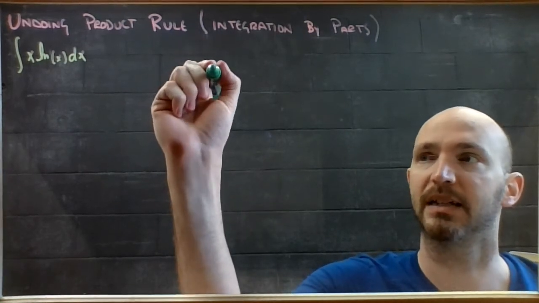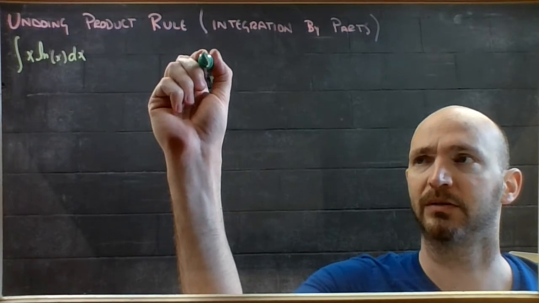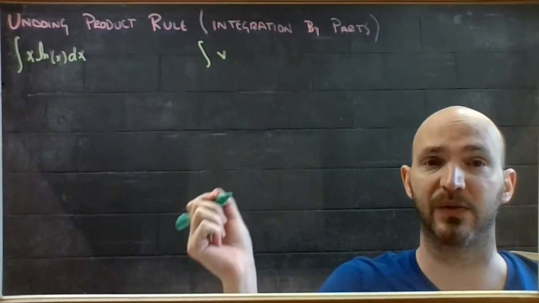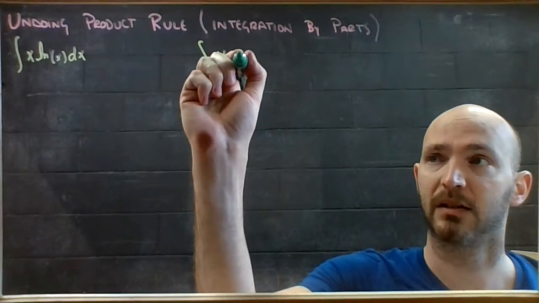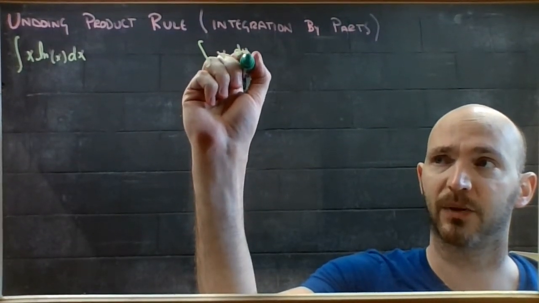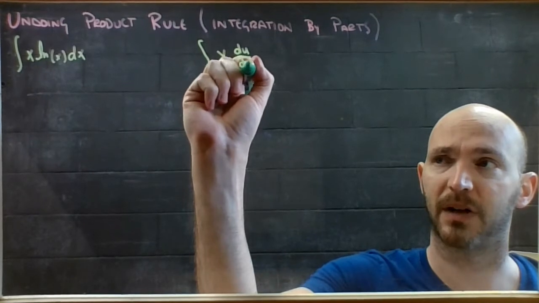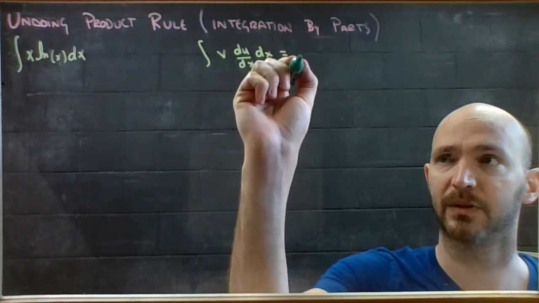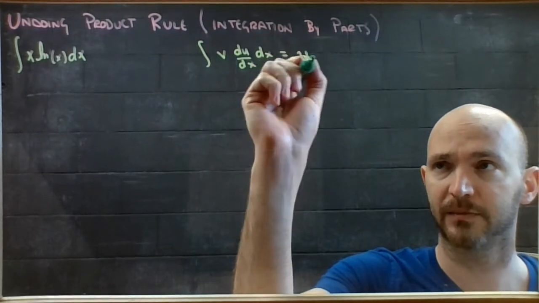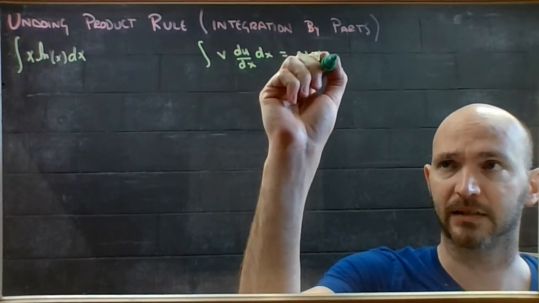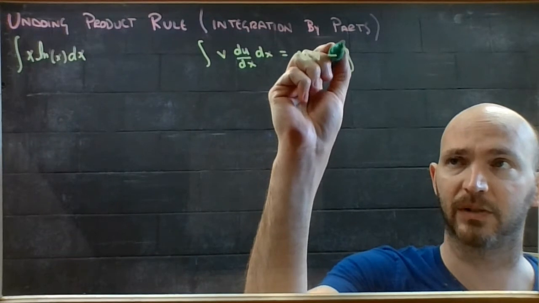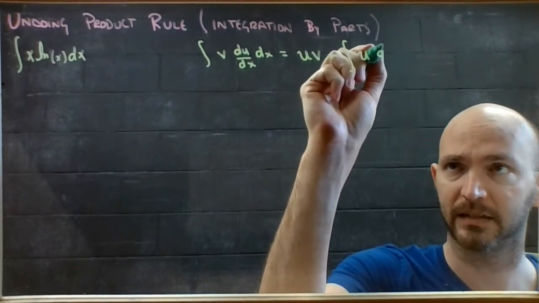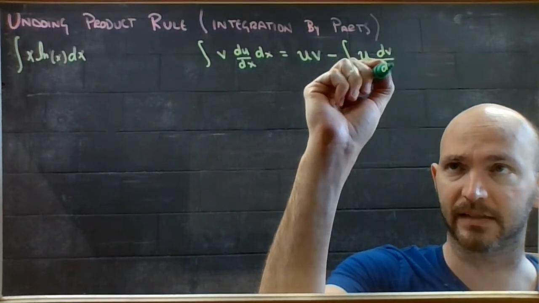So the idea is that the integral of a thing, I'm going to use v as one of the things, multiplied by the derivative of some other thing by dx is equal to the first thing, the second thing, subtract the integral of the second thing dv by dx.